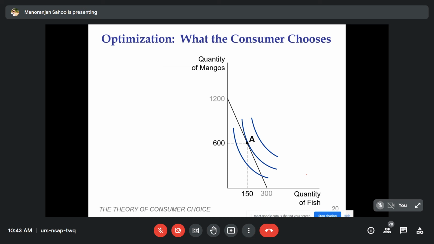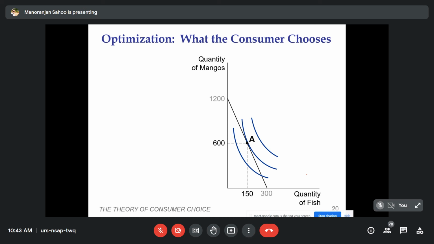Here there are three indifference curves, and we know a higher indifference curve represents a higher level of satisfaction. And also we have a budget line or budget constraint which is drawn over the income and the prices of commodity X and Y. Here the consumer's income is $1,200, the price of commodity X is $4, the price of commodity Y is $1.